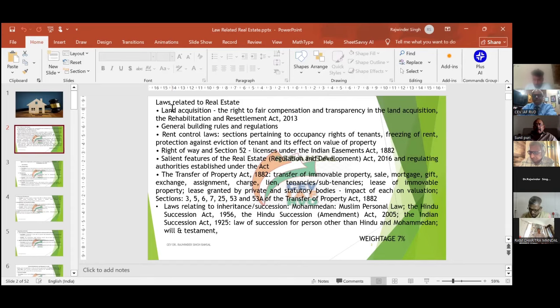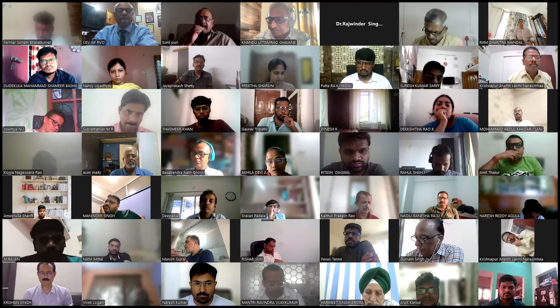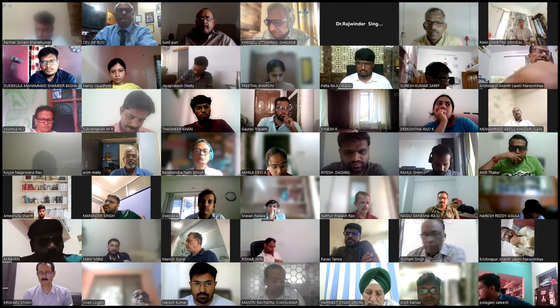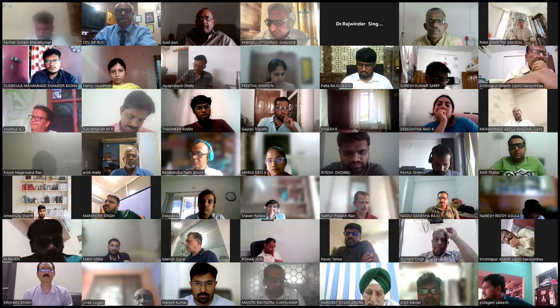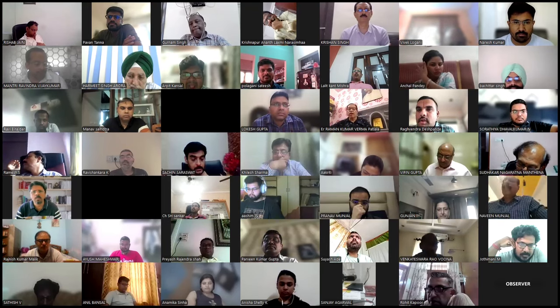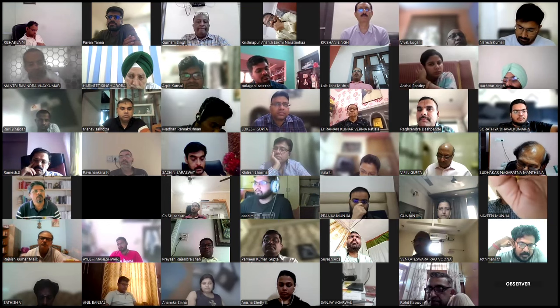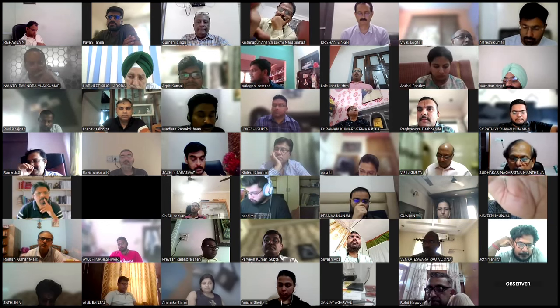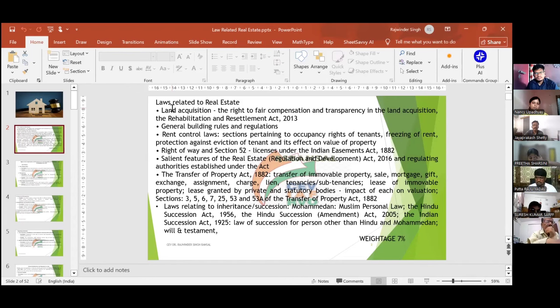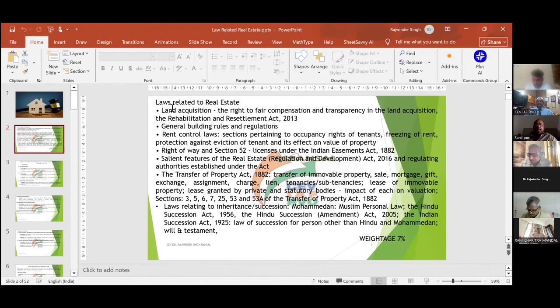And then you have to learn about the rent control laws. Rent control laws are a state subject. Every state has its own rent control act, which has been recently amended by various states and renamed as the Model Rent Control Act, in which you have to study sections pertaining to occupancy rights of tenant, freezing of rent, protection against eviction of tenant, and its effect on the value of the property.